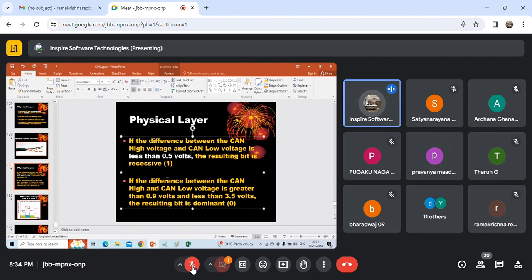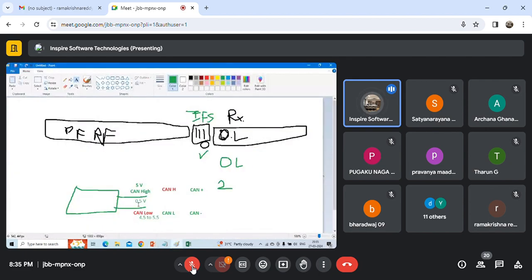Similarly, if the difference between the CAN high and CAN low is greater than 0.9 and less than 3.5 volts, then only it is considered as a dominant bit. You guys getting this?